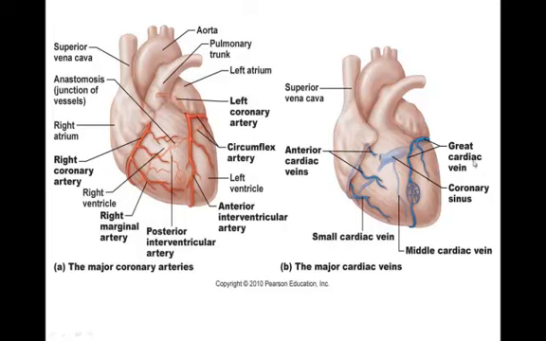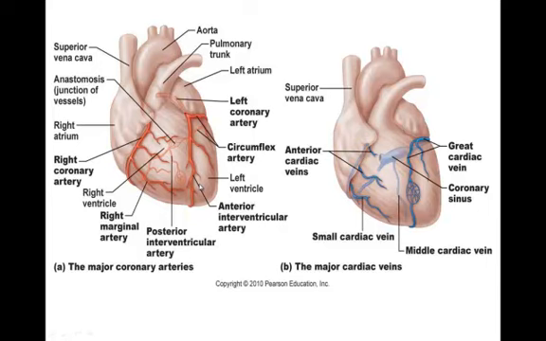Now on this side over here, we don't have to know all of our veins, the anterior cardiac, the small cardiac, the middle cardiac, or the great cardiac veins, because I told you you didn't have to know them. However, you do have to know the coronary sinus because all of these veins drain into the coronary sinus. So all of these arteries will pierce into the myocardium, and they will service the myocardium itself.